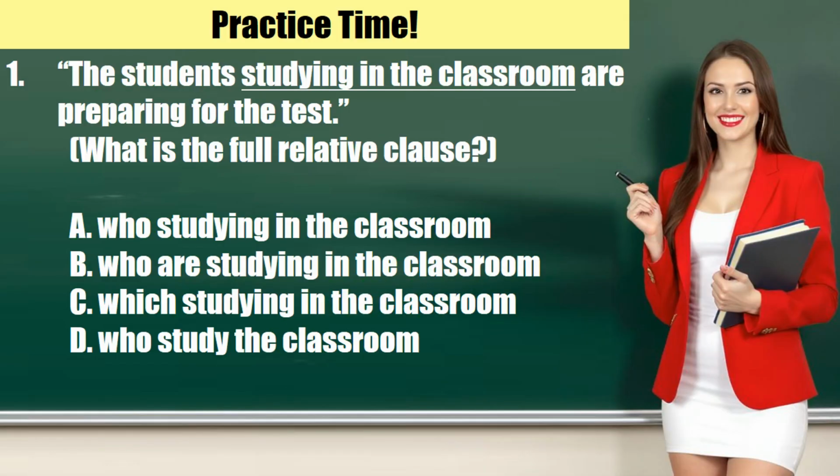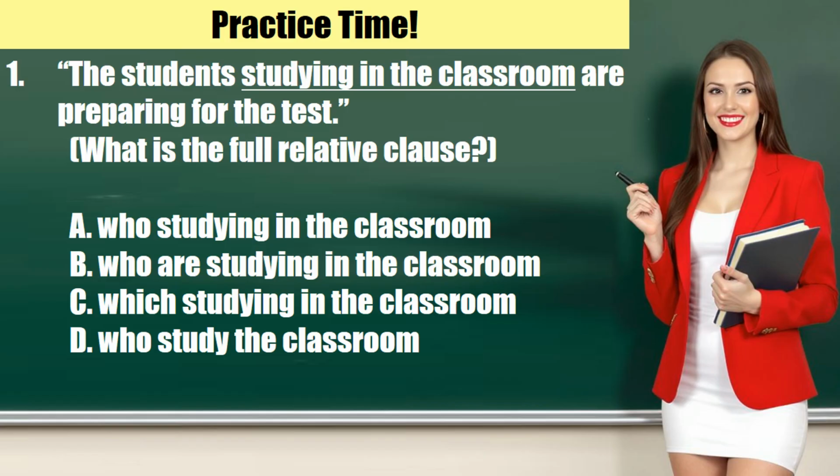Practice time. Let's see if you really understand it. Question 1. The students studying in the classroom are preparing for the test. What is the full relative clause? A. Who's studying in the classroom? B. Who are studying in the classroom? C. Which studying in the classroom?